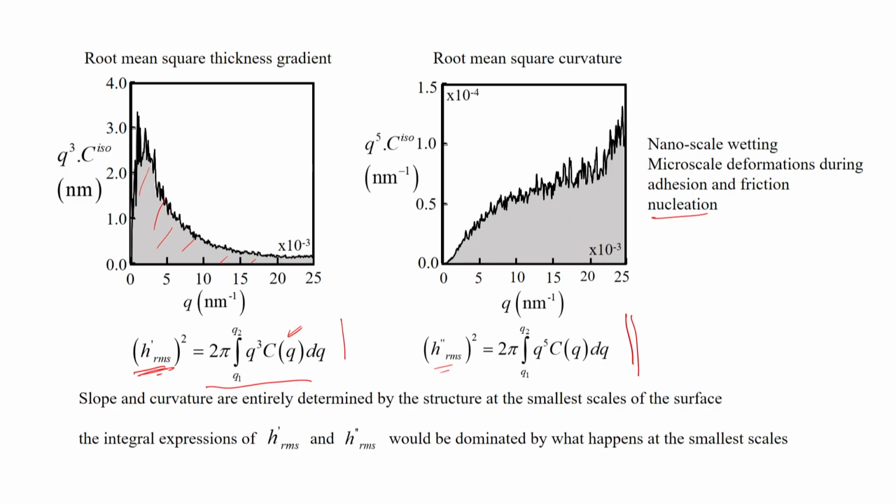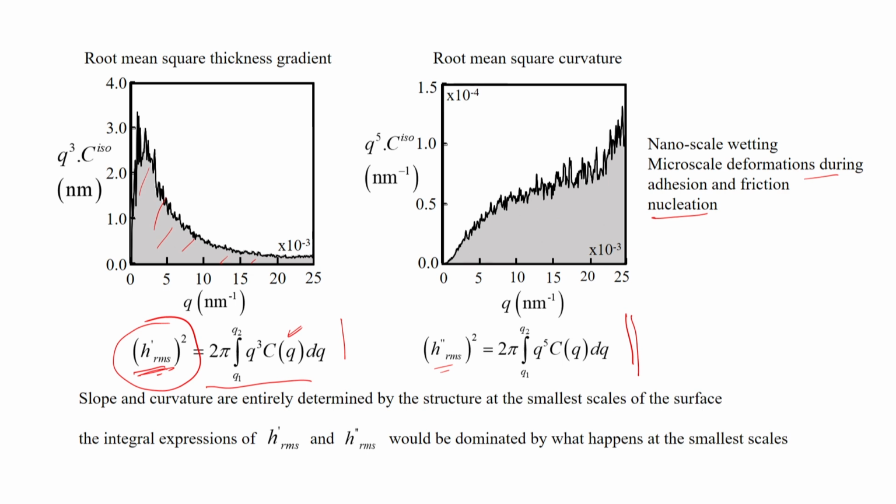Nominal area is A0, but because of the surface having this kind of roughness, the actual area is larger. So that can be estimated by calculating this h dash RMS square, for example. So nanoscale wetting, microscale deformation or adhesion, friction, nucleation, those phenomena get affected by the small scale features.